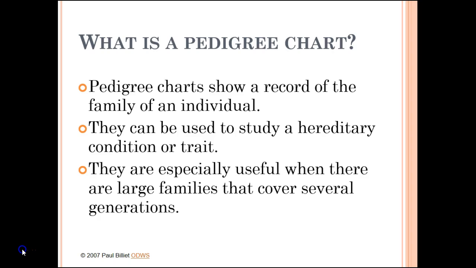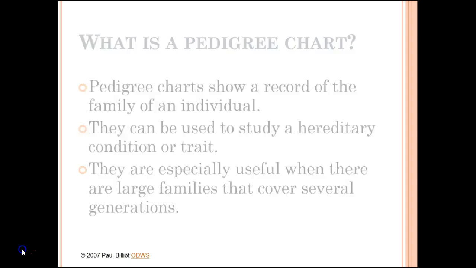And they're especially useful when you're studying a large family that has several generations. Whereas Punnett squares really only covered 2 generations, the parent and the parent's offspring, pedigree charts can cover several generations at once.